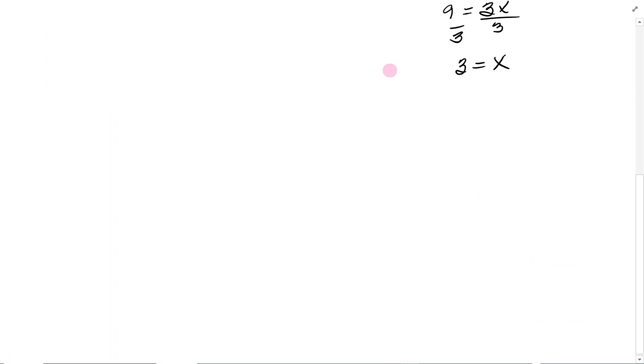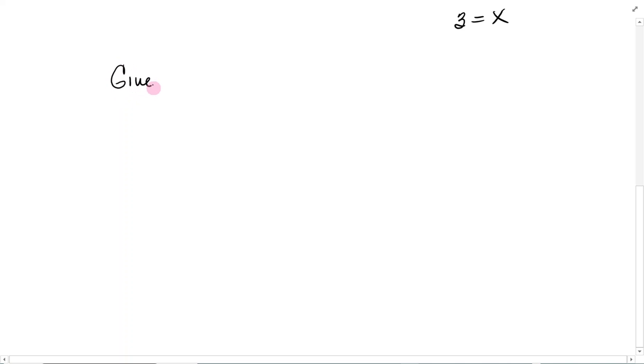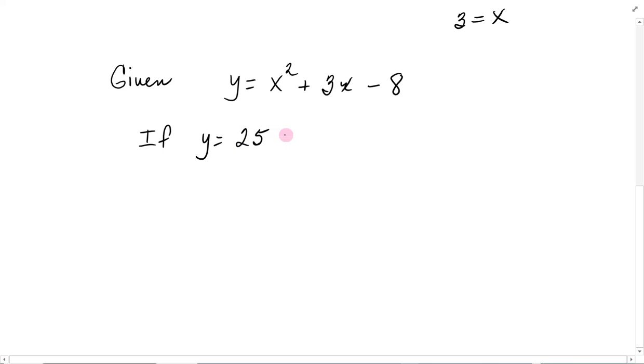All right, let's do another example. Let's suppose that we are given y equals x squared plus 3x minus 8. And I'd like to know if y is 25, find x. And this may not turn out to be nice integer values.